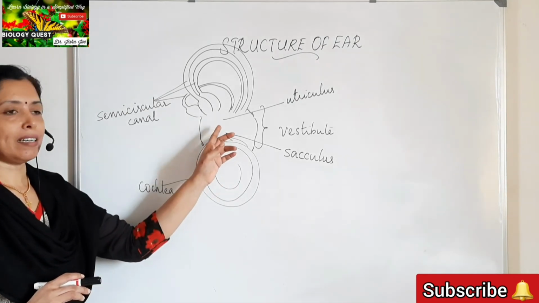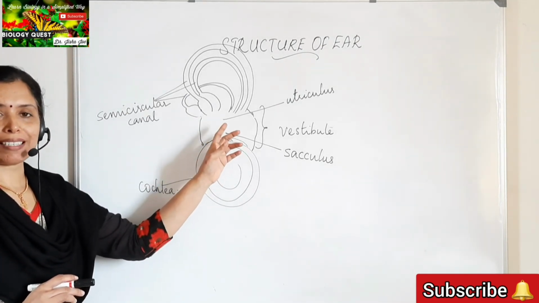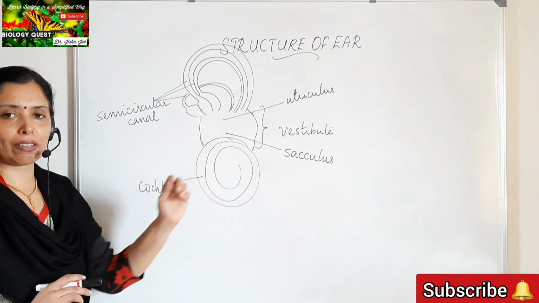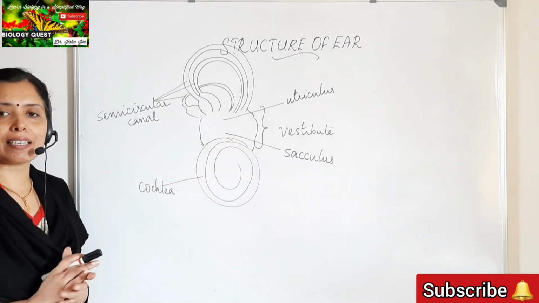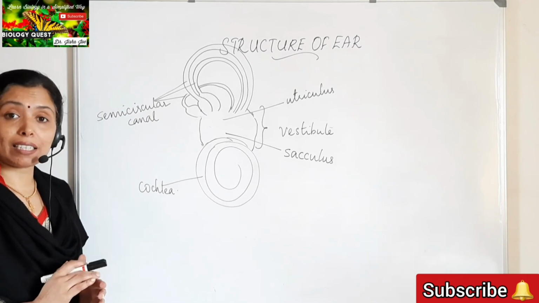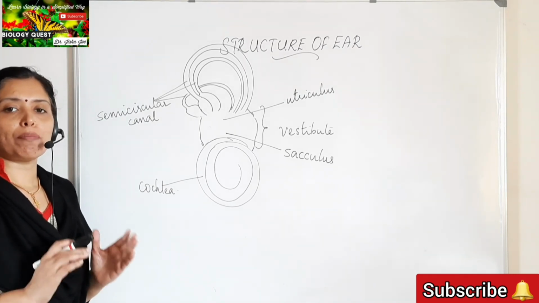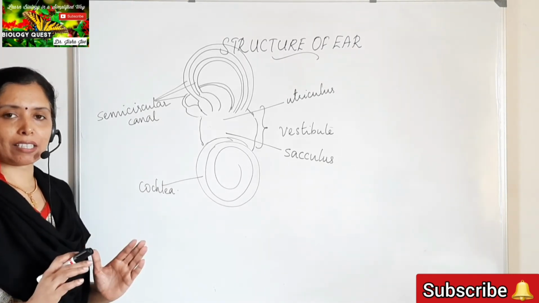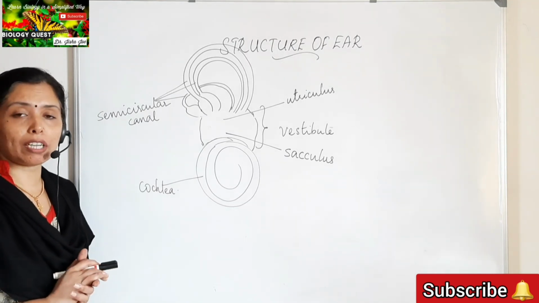Similarly, inside the vestibule, that is inside the utriculus and sacculus, there are sensory cells present which help us to maintain static balancing, when the body is not in motion.